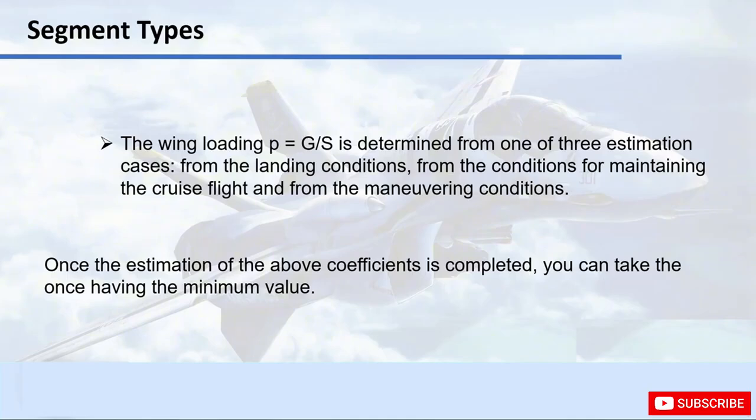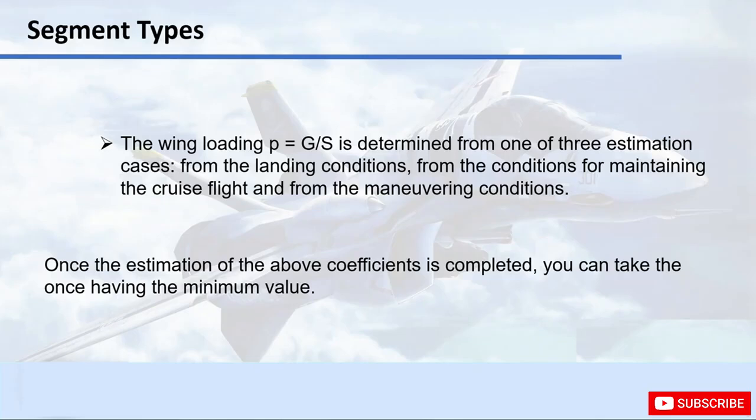Today we are going to estimate the loading coefficient for three different scenarios. The first one is the landing condition, when the aircraft lands. Then we're going to estimate the same coefficient for cruise flight, or for the ability of the aircraft to maintain a cruise flight. And finally, we're going to estimate the loading coefficient in the other difficult situation for the aircraft, when the aircraft is maneuvering, which means when the aircraft is changing its speed or direction fast.